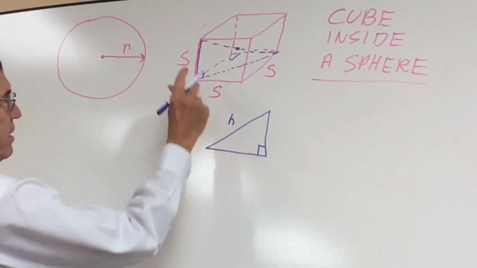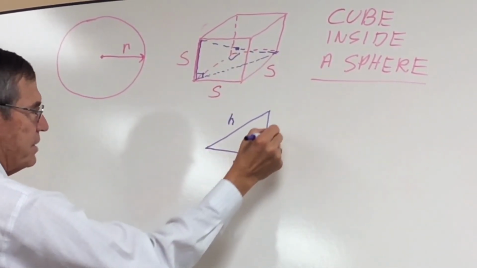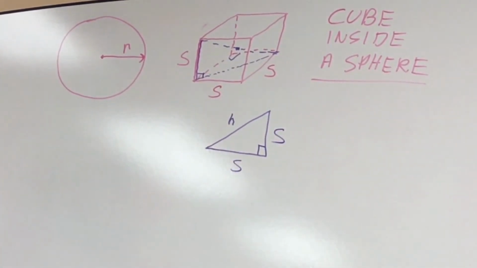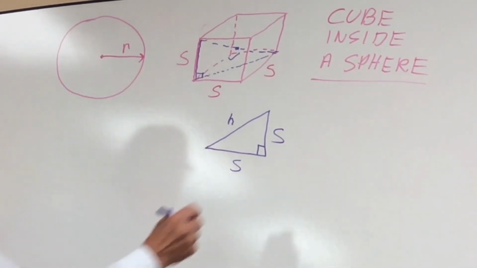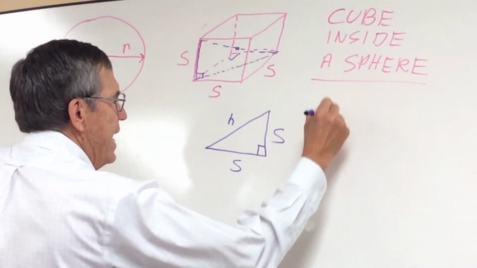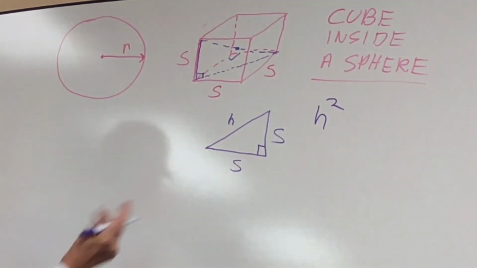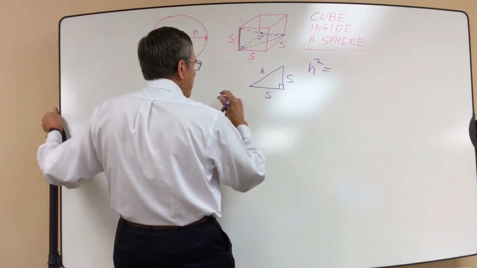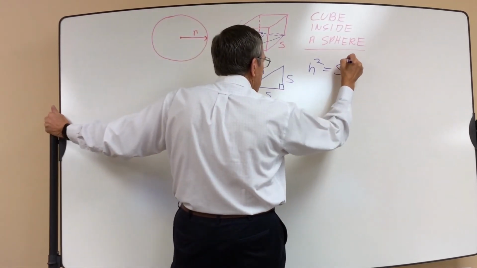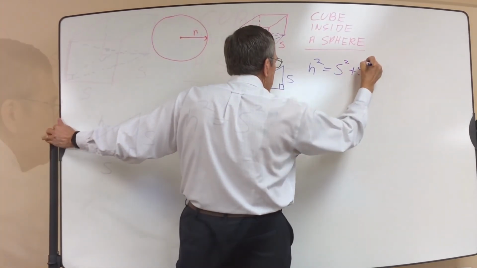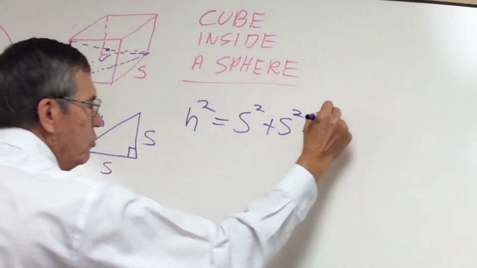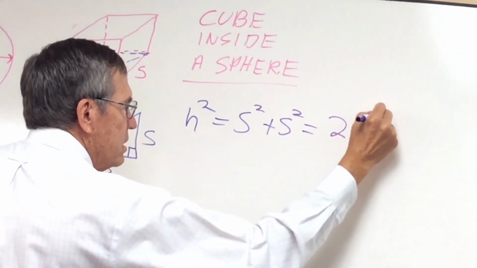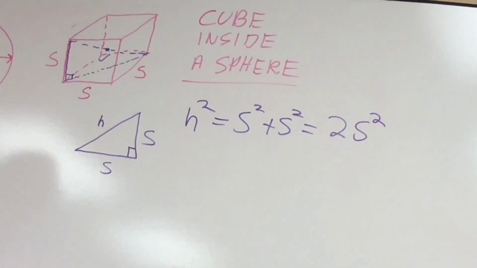We know that the sides of the triangle are S and S. We have a right triangle, so we can use our friend Pythagoras, and he would tell us that h squared, the length of the hypotenuse squared, is going to be this side squared plus that side squared, which is 2s squared. Okay?